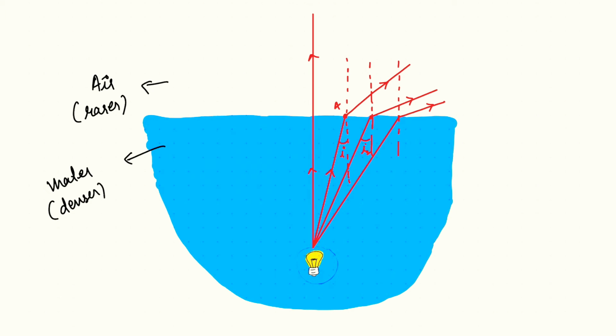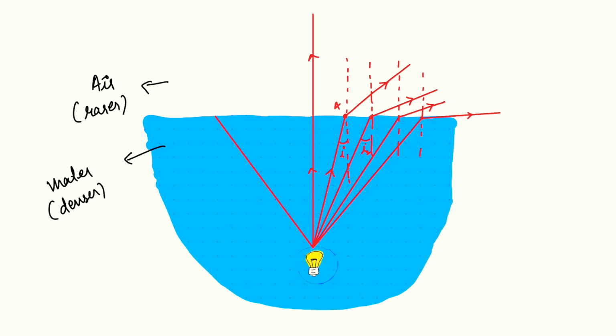And if you keep on doing that, at one very specific angle, what is going to happen? Your ray is going to bend in such a way that it is going along the surface. Is that a yes or no? And very similarly, the same thing is going to happen here also, right?